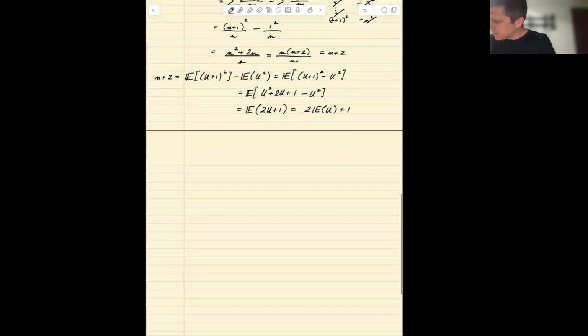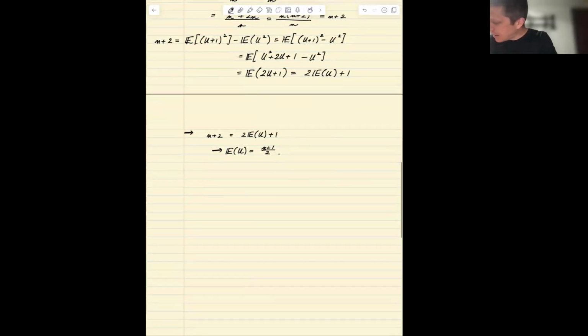If you put those two together, we have to move some quantities over, but we're left with n plus 2 equals 2 times the expectation of U plus 1, and therefore the expectation of U is equal to (n+1)/2.